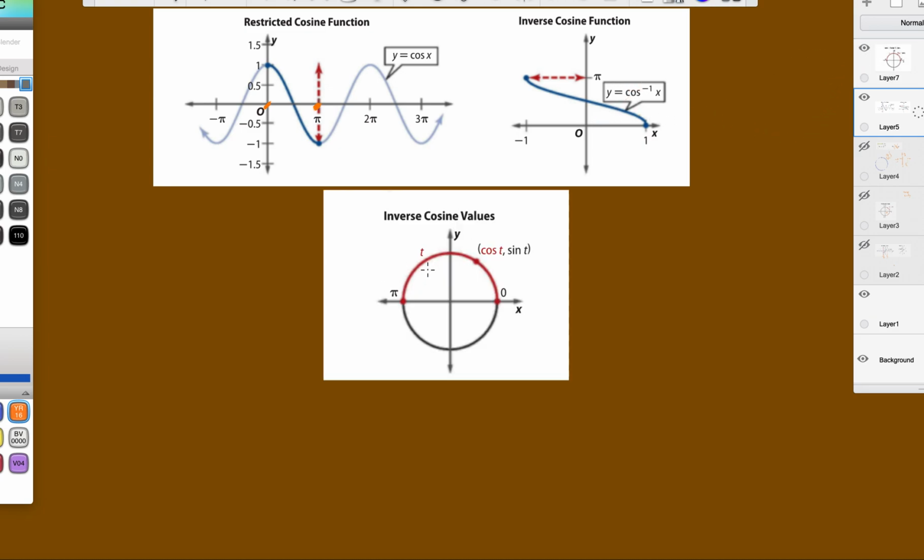So we're only taking x values in quadrants 1 and 2. Boy, howdy. What am I doing today?